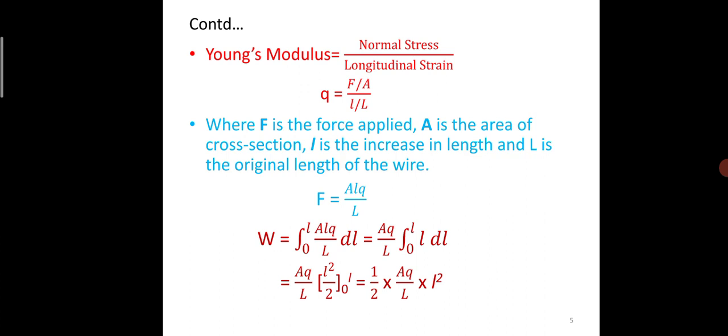Young's modulus is given by normal stress by longitudinal strain, or Q is equal to F by A whole divided by small l by capital L, where F is the force acting on the wire, A is its cross-sectional area, small l is the increase in the length, and capital L is its original length.